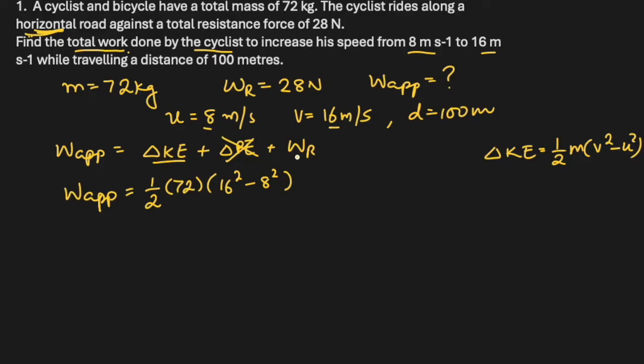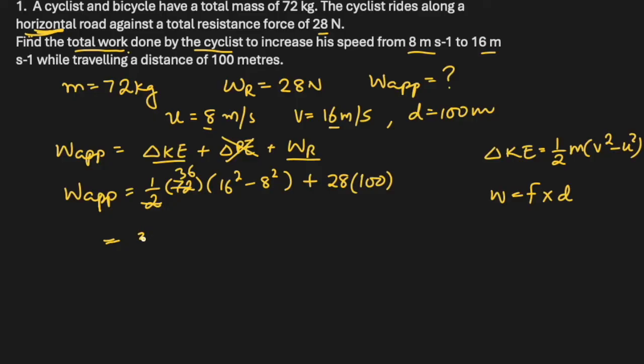So we are done, and now the work done against resistance, and work is force times distance. Force we know is 28 newtons. Distance traveled is 100 meters, and that's it. So we'll just find this and get the answer.